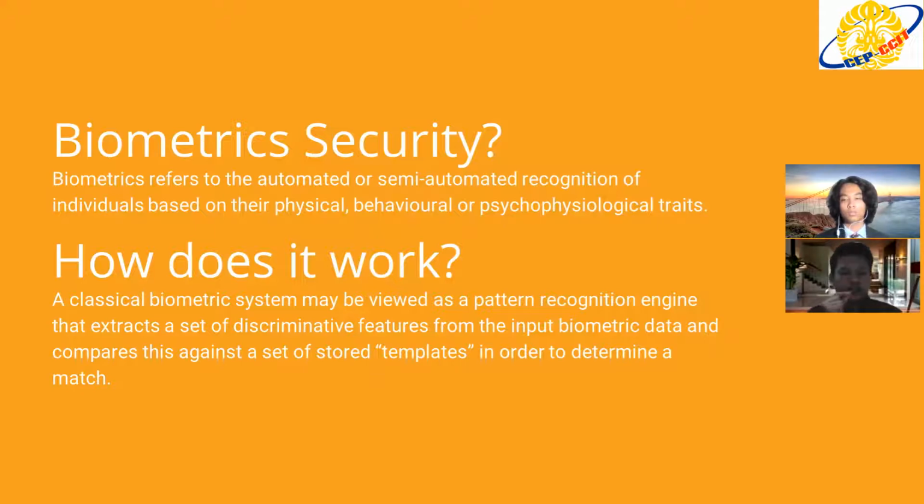How does it work? A classical biometric system may be viewed as a pattern recognition engine that extracts a set of discriminative features from the input biometric data and compares this against a set of stored templates in order to determine a match.